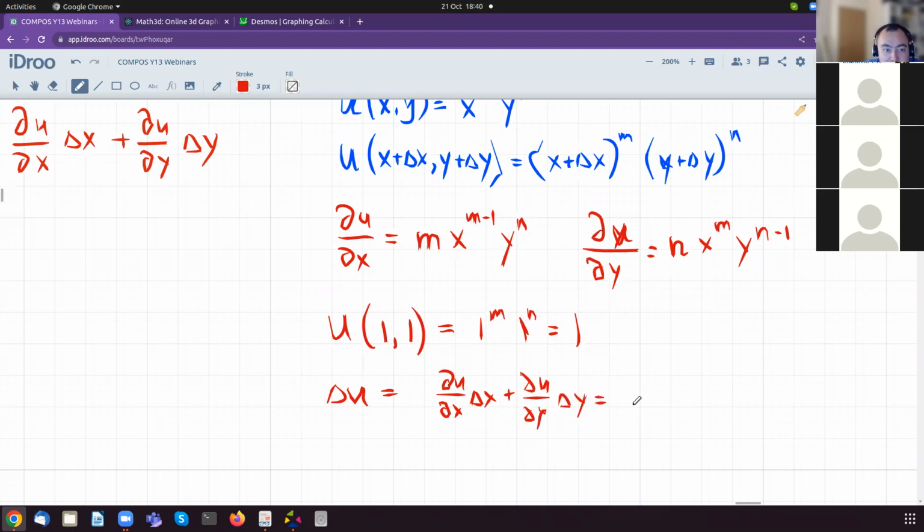So du/dx is m, but of course we're talking about the point 1, 1. So m times 1 times 1, so it's m, plus n times 1 times 1. So m delta x plus n delta y.